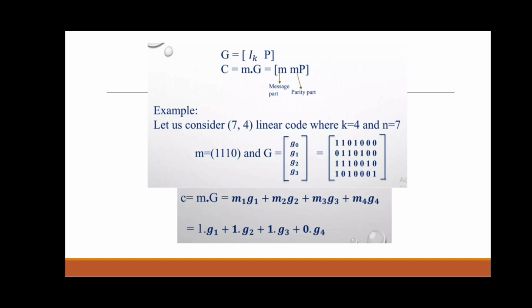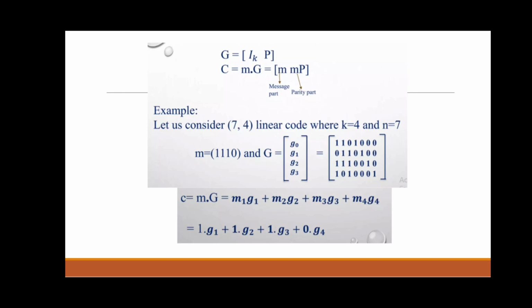There is an example for encoding, which is considered as (7,4). As we discussed, linear block codes are represented as (n,k). We have n is equal to 7 and k is equal to 4.